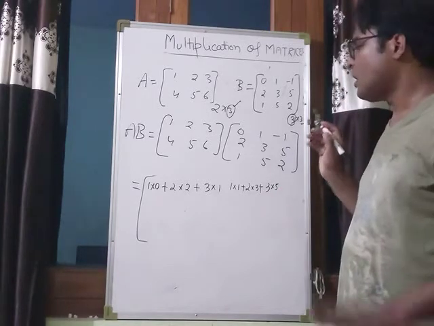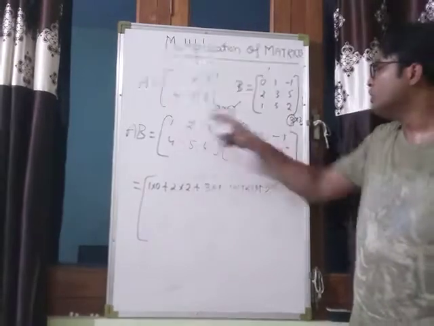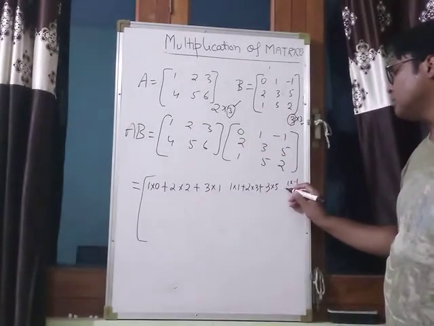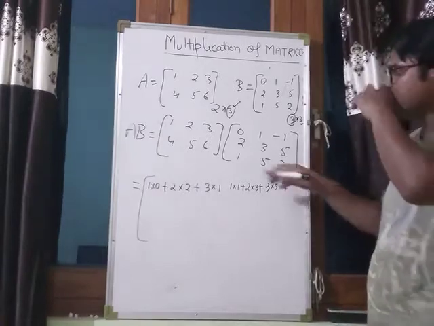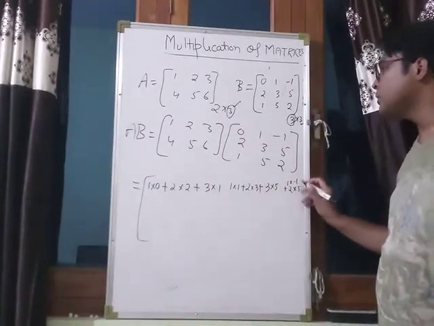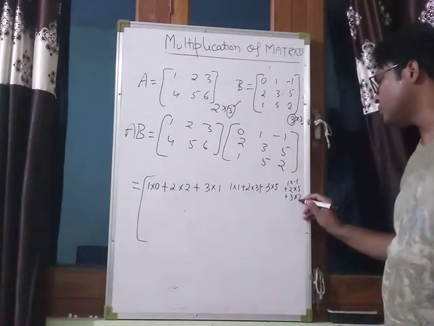Okay, after that first row third column: 1 into -1, plus 2 into 5, plus 3 into 2.